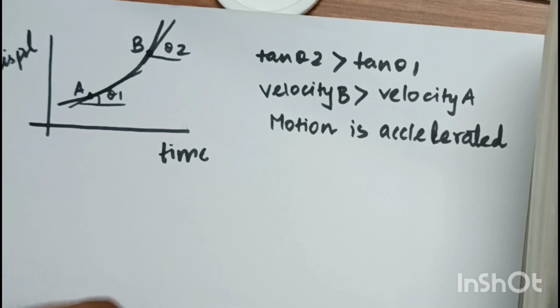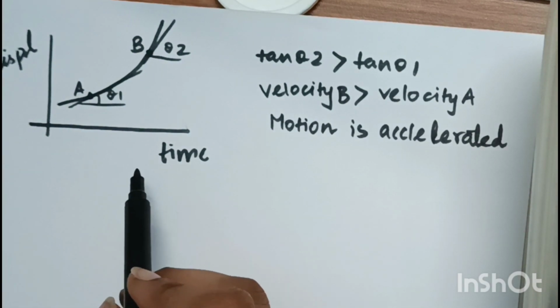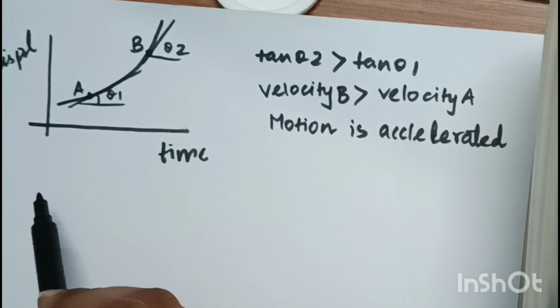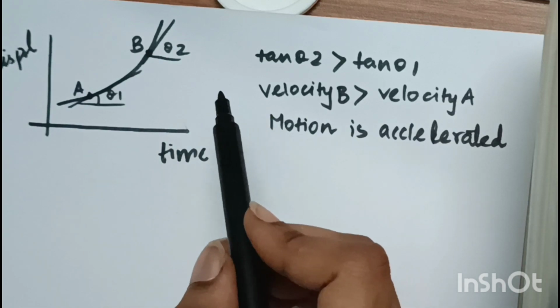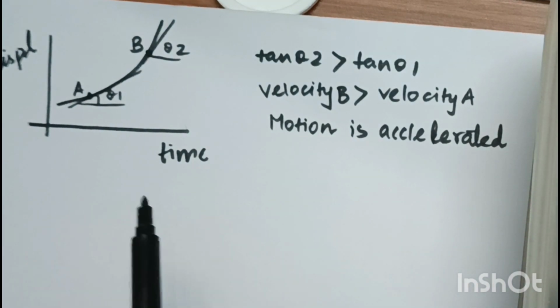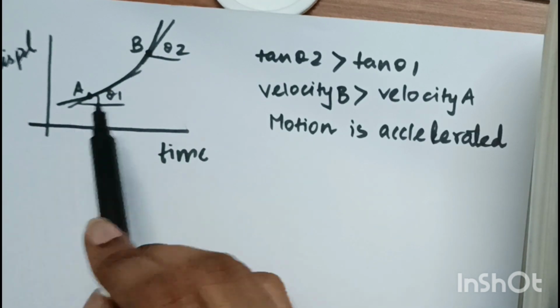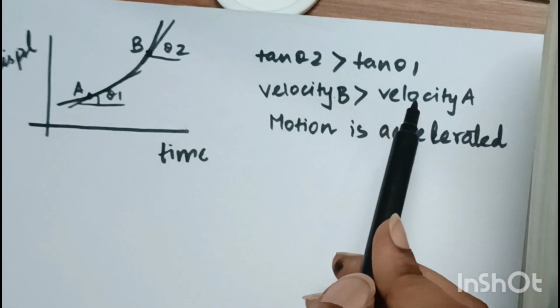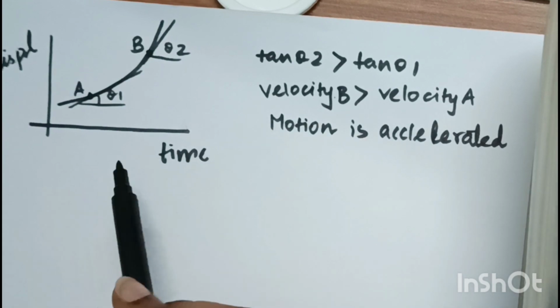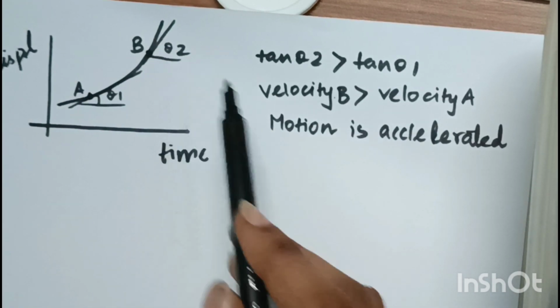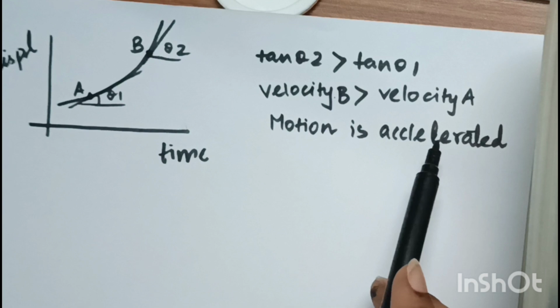But if displacement time graph is a curve, then we should not talk about acceleration. Then we have to say velocity is increasing or velocity is decreasing. So here tan theta 2 is greater than tan theta 1. So velocity at B is greater than velocity at A. If velocity is increasing, then the motion is accelerated.